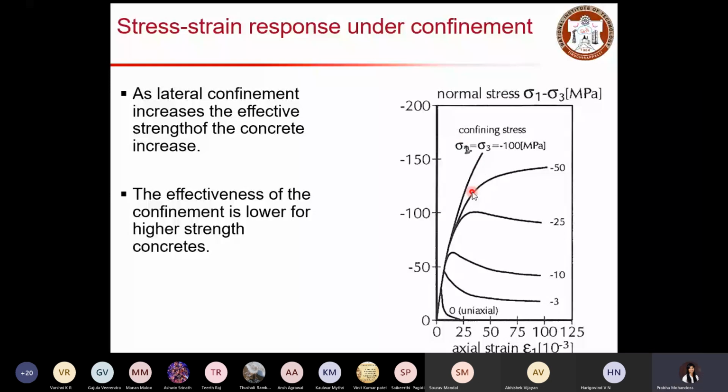So basically, when you want to increase the strength and ductility of your member, you can mention this point. So when you want to increase the strength, ductility will also get increased.